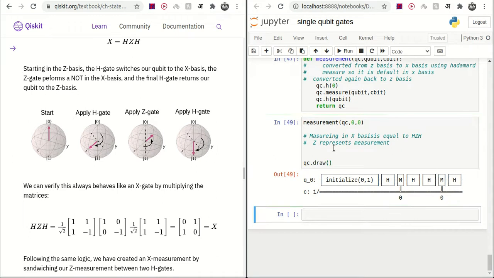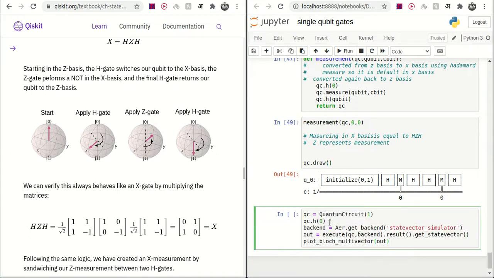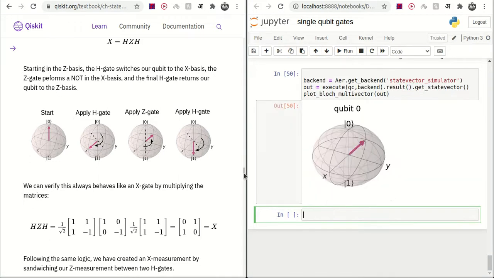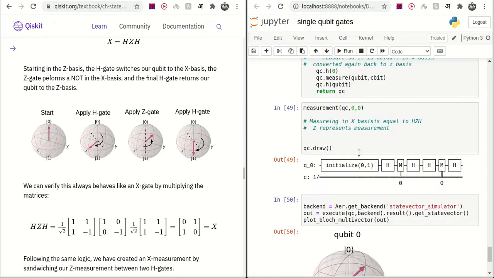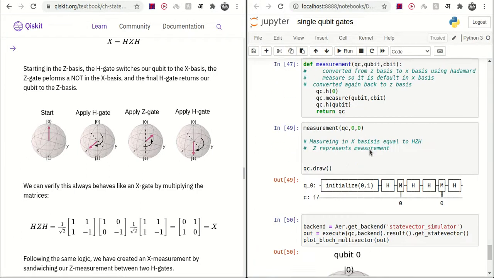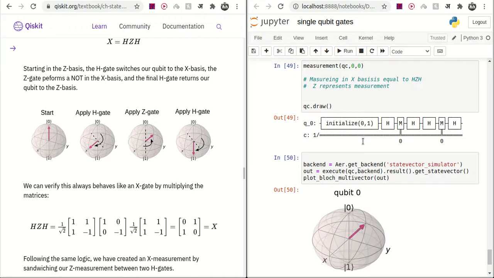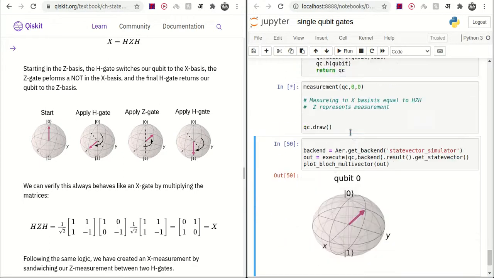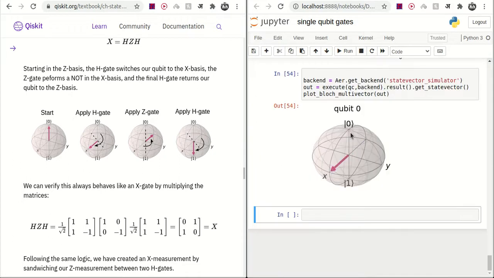Now we can put in a multivector. Initially this, then this, then this, and then this.